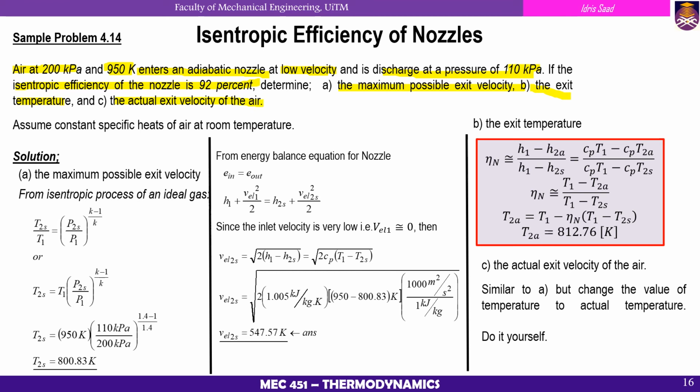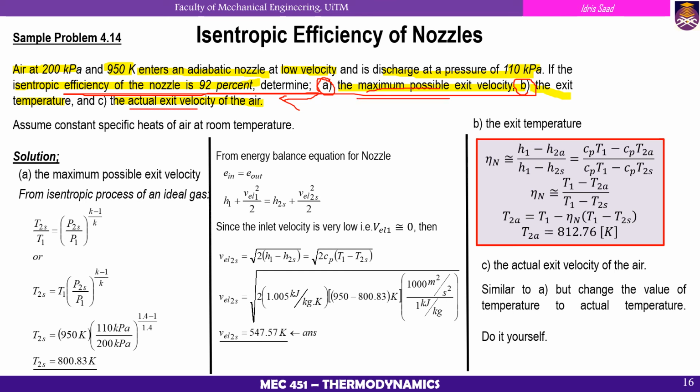Basically, question A is similar to question C. The difference is that this is the maximum possible exit velocity and this is the actual. What does the maximum possible exit velocity mean?